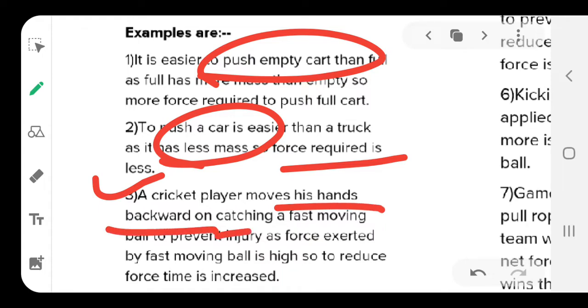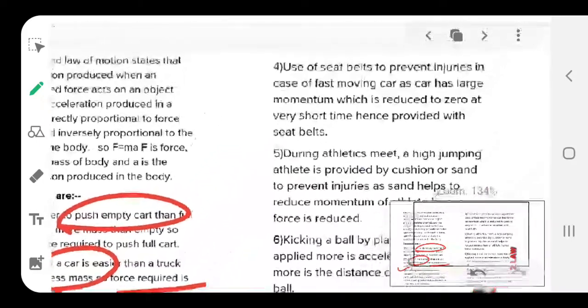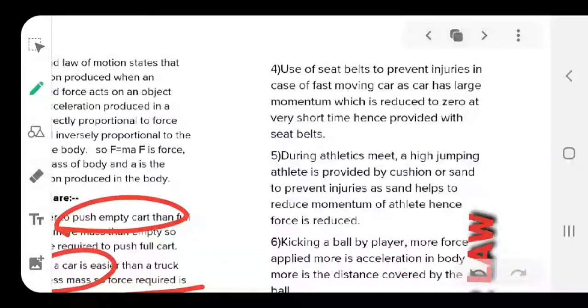Why? Because you increase the time period, and when you increase the time period, the impact force reduces. So though it is an everyday example, you should also know that while catching a hard hitting ball, you have to take a proper posture and position because of the laws of physics.